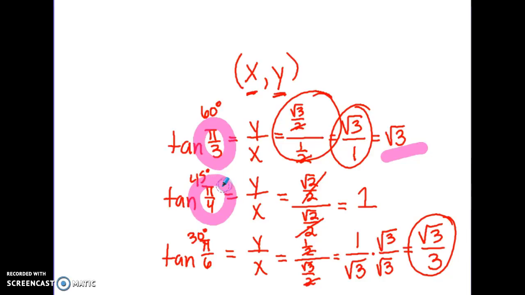Any of your angles that have 4 in the denominator in radian measure will all have tangent values of 1. It's just a matter of positive or negative. And then the same thing is true with angles that have a radian measure with a denominator of 6. All of their tangent values will be square root 3 over 3. It's just a matter of whether those values are positive or negative depending on the quadrant that you're in.